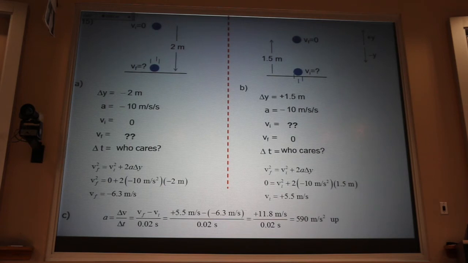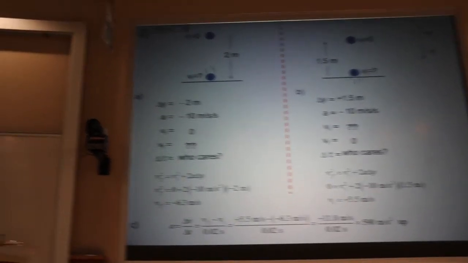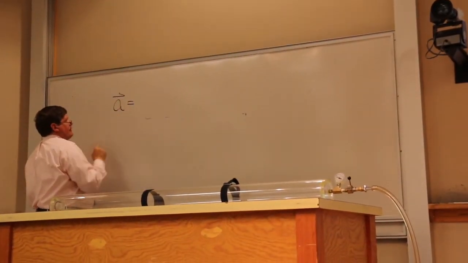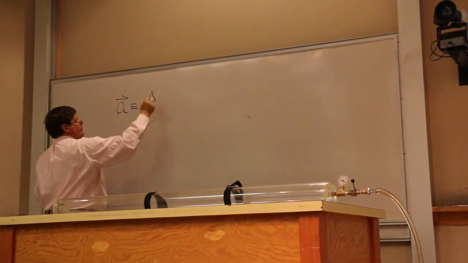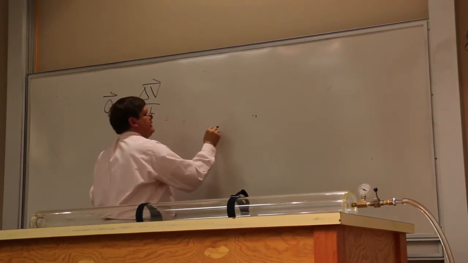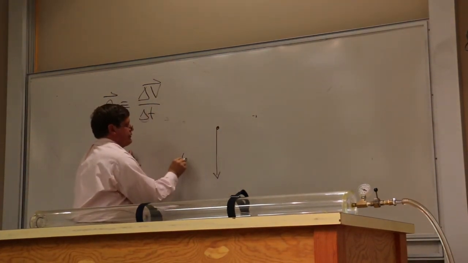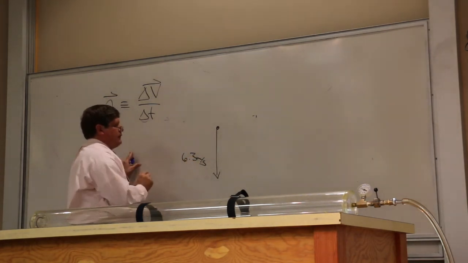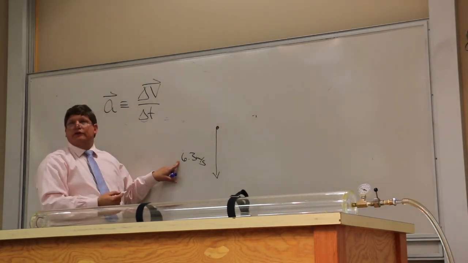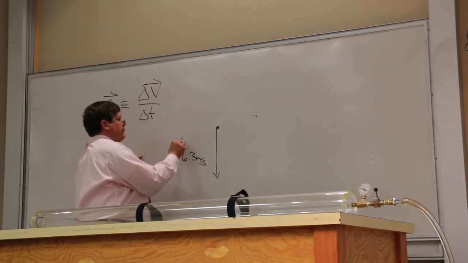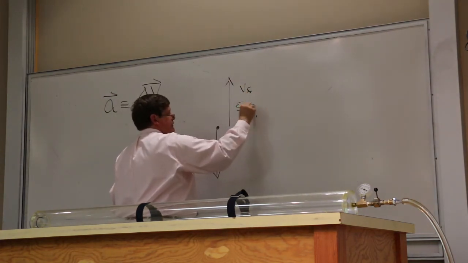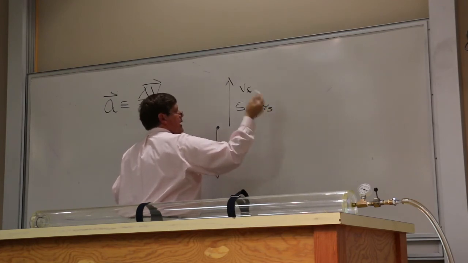Now, folks, I could also have solved this part C graphically if I used the operational definition that acceleration is just a change in velocity vector divided by the time. My initial velocity would be down 6.3 meters per second. Notice I don't put a minus sign there because I've got an arrow down and I'm just labeling that vector with its magnitude. That would be the initial. My final would be 5.5 meters per second up.